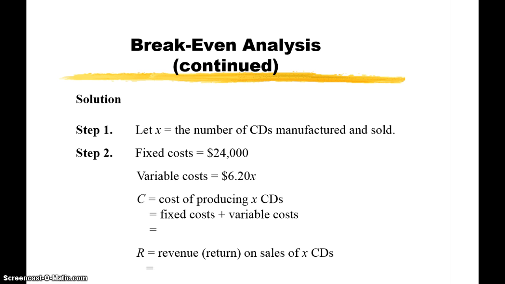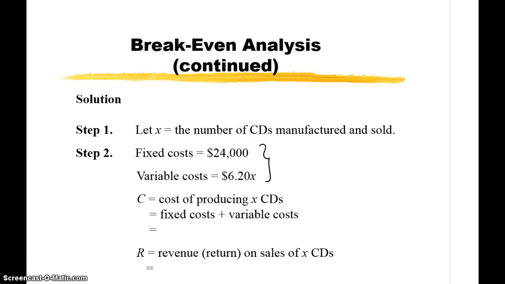Following the proposed steps here to the solution, we're going to let x equal the number of CDs that are manufactured and sold. In other words, that's the number of goods sold and made. In this case, the goods are CDs. We were told in the problem that the fixed costs were $24,000 and the variable costs were $6.20 per CD, which is 6.20x in terms of x.